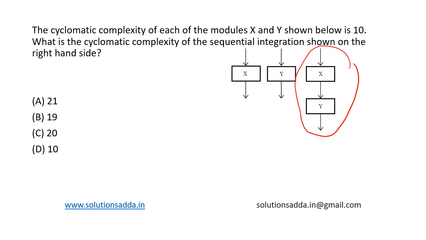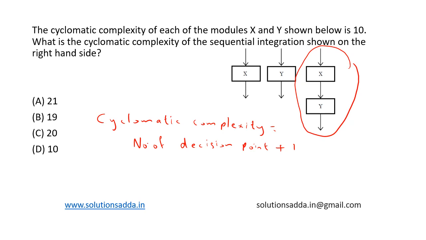Now let's calculate. Cyclomatic complexity is equal to the number of decision points plus 1. Here the cyclomatic complexity of modules X and Y is already given.